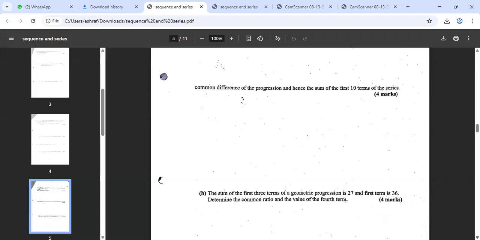So let's try it out. So this one, if you're working out the sum, since you don't know if R is greater than 1 or less than 1, you just sum them. You sum A plus AR plus AR squared and equate it to 27. Then you know the value of A is 36. So try it out and get the value of R.